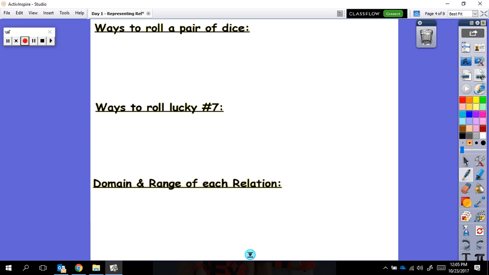Okay, so let's look at a couple of examples and talk about domain and range. So ways to roll a pair of dice. So we're rolling 2 die. I'm not going to list all of these because there are actually 36 ways to roll a pair of dice, but we can have 1, 1, 1, 2, 1, 3, 1, 4, 1, 5, and 1, 6.